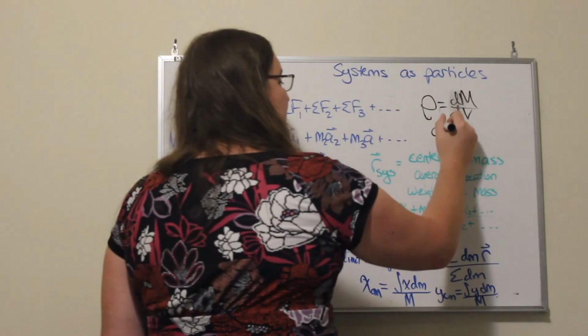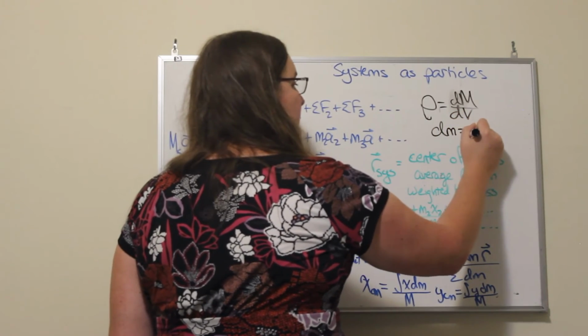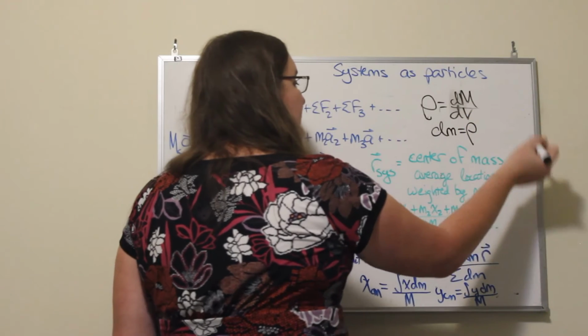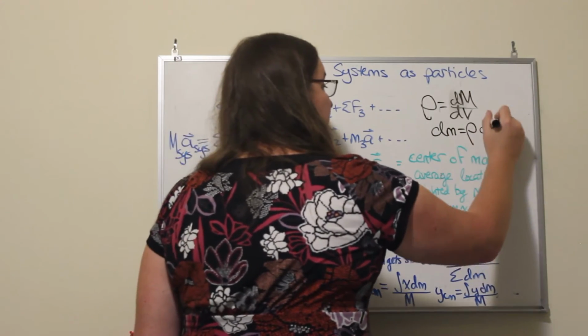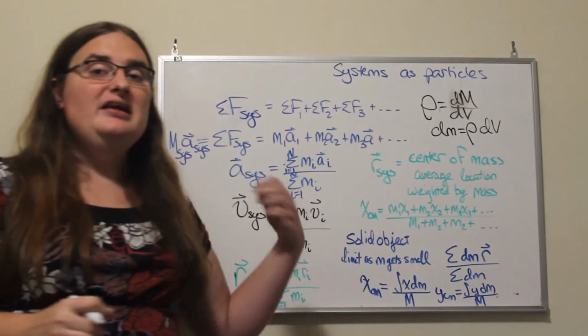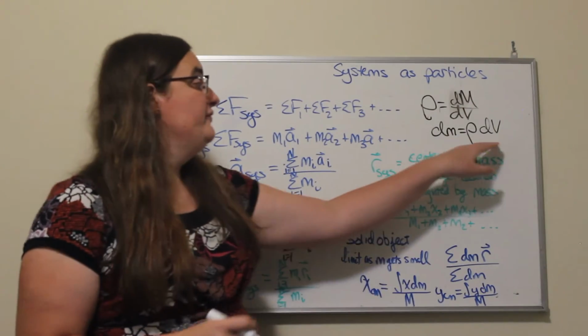So that means an infinitesimal amount of mass would just be the density of our solid at that area times an infinitesimal patch of volume.